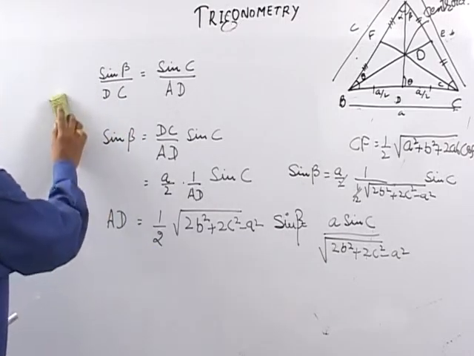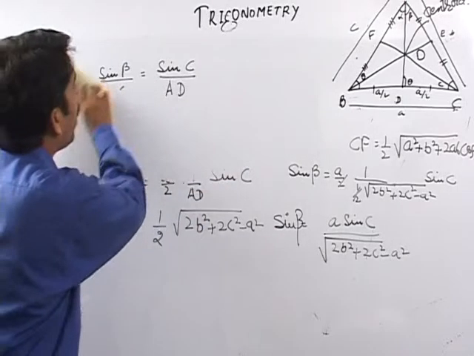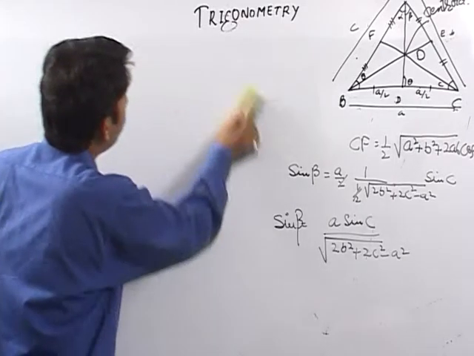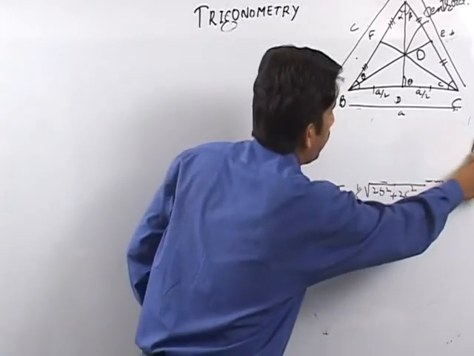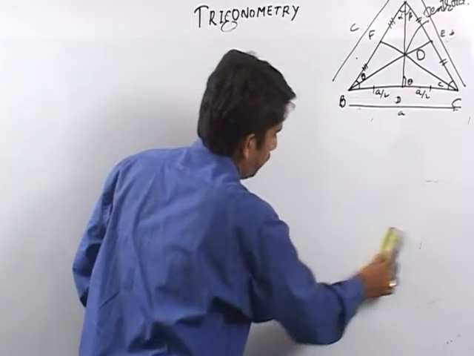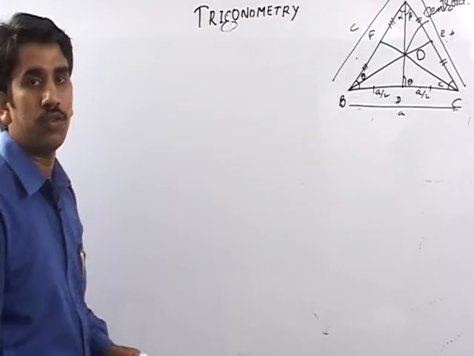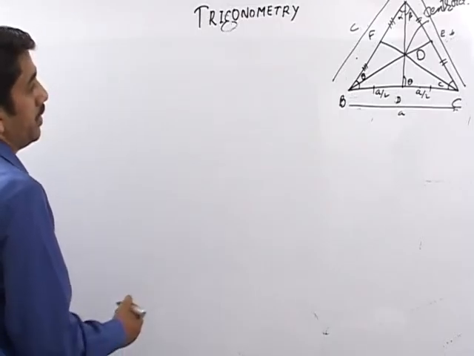Now we will find the angle which is made by this median with side BC. For this also we will apply the sine formula here.